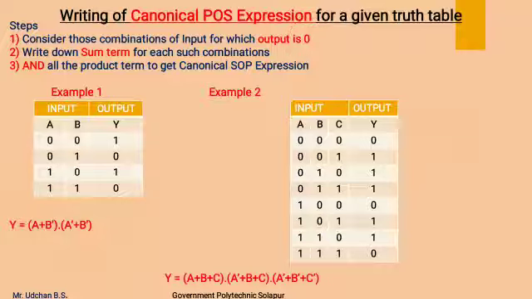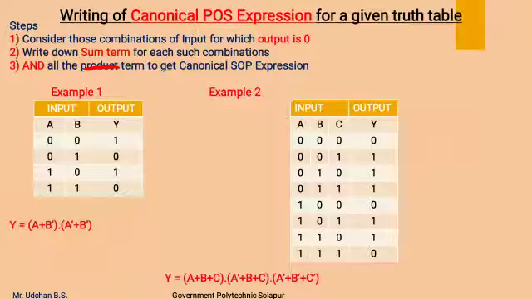After that we are going to AND all the sum terms. Here by mistake product is written. We are going to AND all the sum terms to get canonical POS expression.